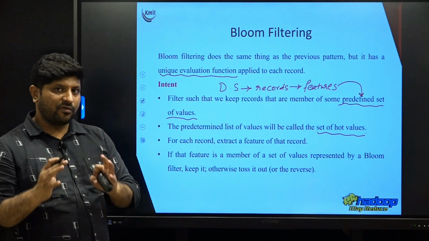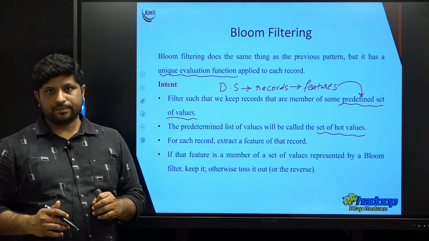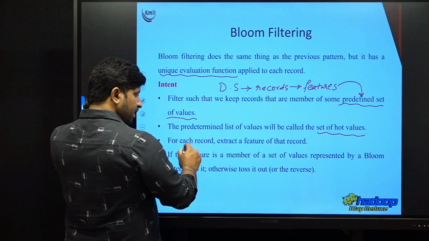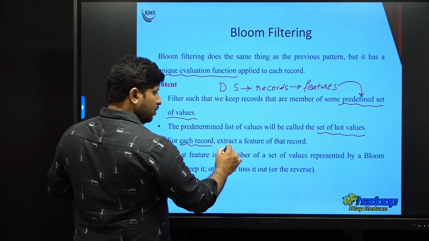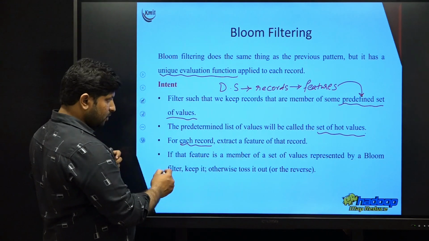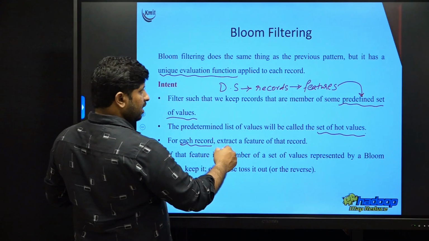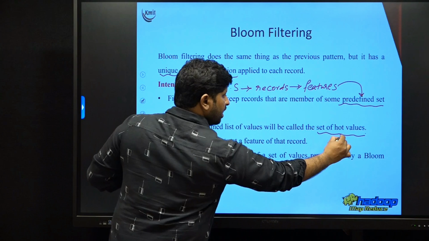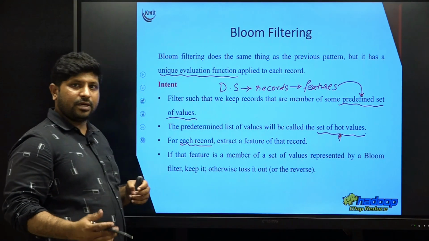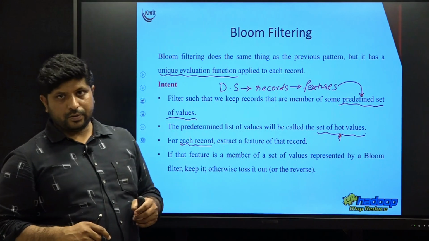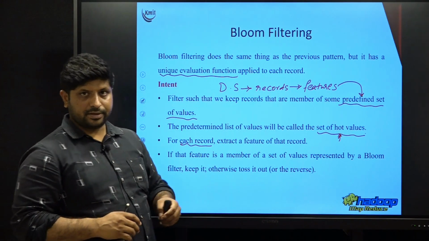For each record you extract the features, and you compare them with these hot values. If it matches the hot values, it is retained. If it does not match, it is rejected.